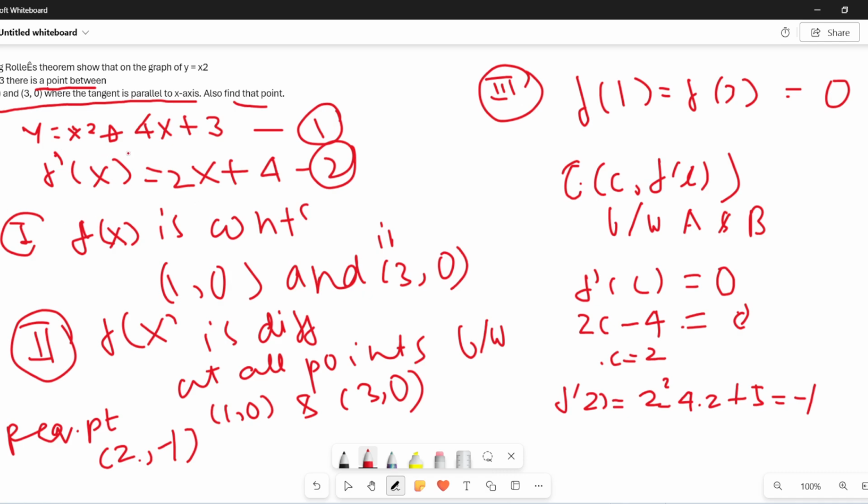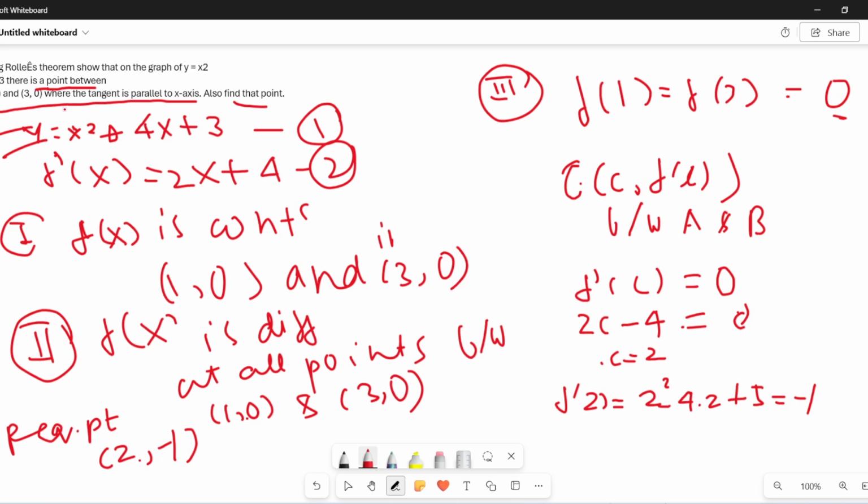So here the function is y = x² - 4x + 3, and we differentiate: f'(x) = 2x - 4. The function is continuous because it is a polynomial function, and it is differentiable at all points between (1, 0) and (3, 0). For the third condition, f(1) = f(3), both equal to 0, and we know that f'(c) = 0, so we find c = 2.